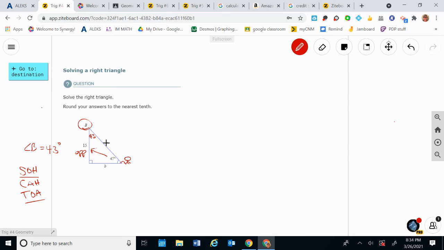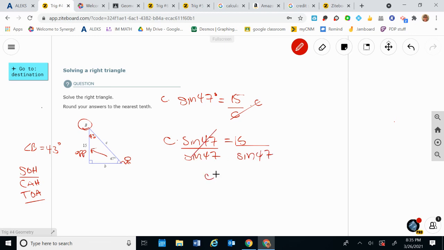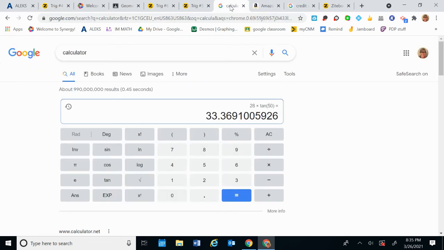I'm going to use the sine to get C. So sine of 47 degrees equals 15 over C. Multiply by C. C sine 47 equals 15. Divide by sine 47. And then you get C is equal to 15 divided by sine 47, 20.5.